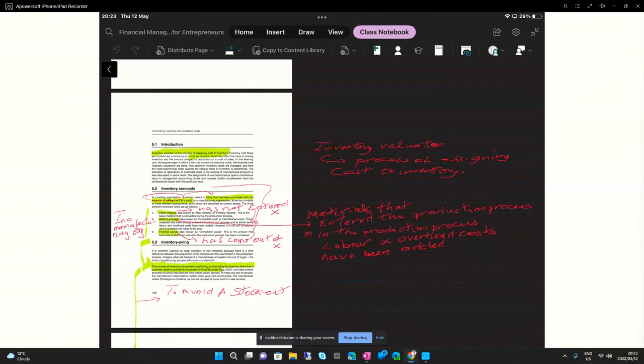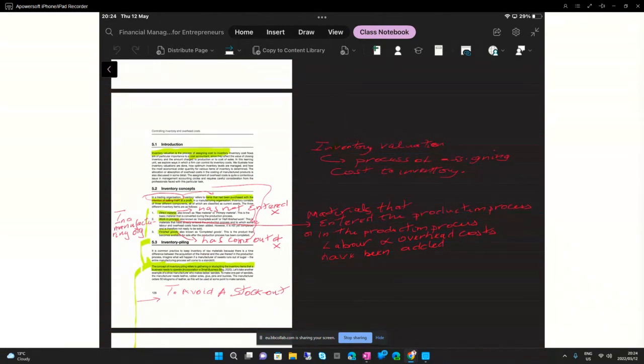But you will have direct material, you will have work in progress and finished goods. And I've made it quite simple for you to understand: direct material is material that has not yet entered the production process, right? And so work in progress is material that is in the production process.